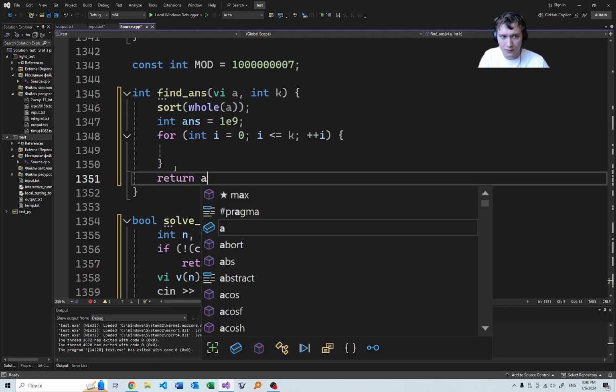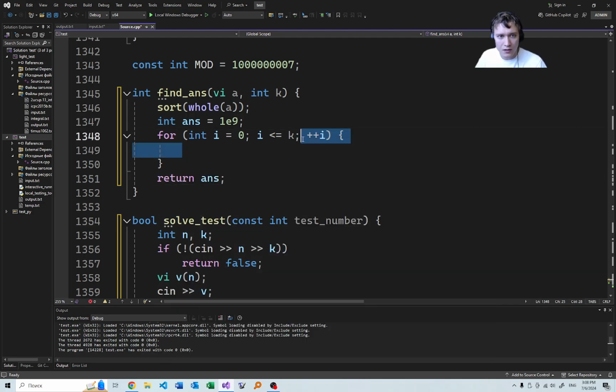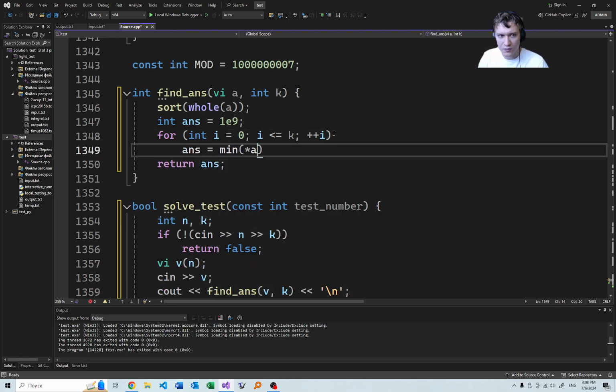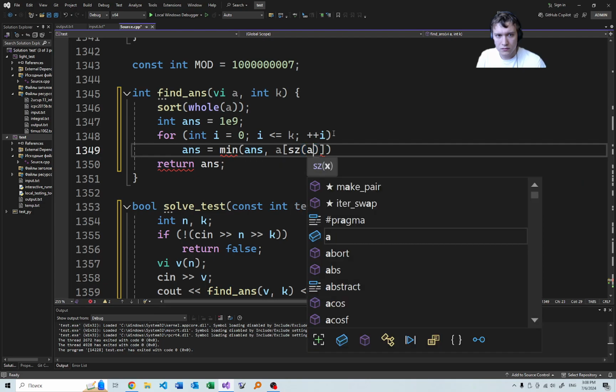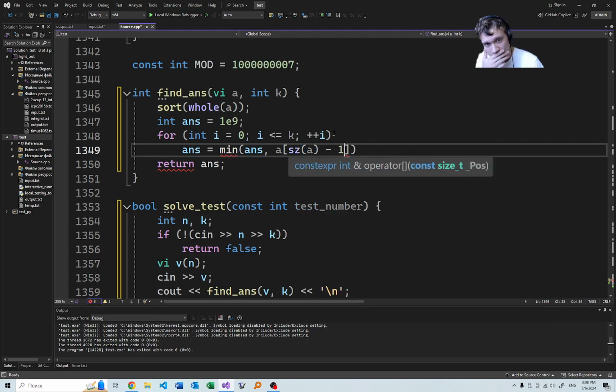So the answer is the minimum of the answer and A differences, for example like this.